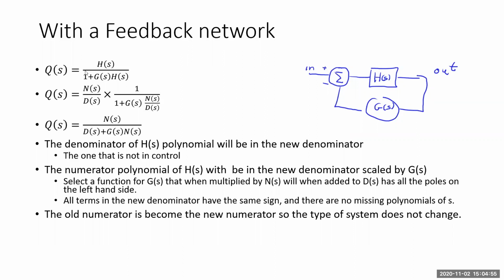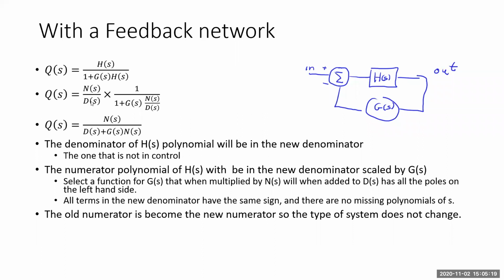When you do that, you get this equation, which we've done several times. But I think it'll be helpful to substitute the numerator and denominator polynomials in for H of S.